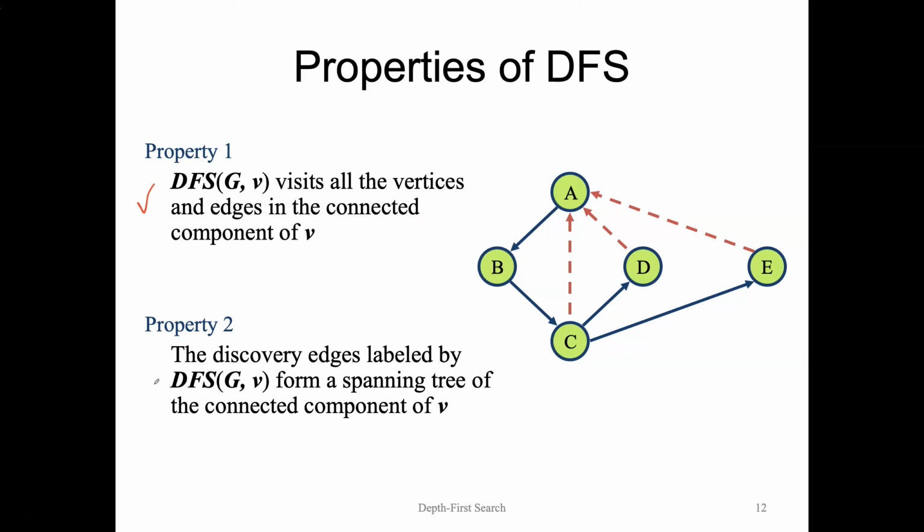So if we take only those discovery edges, so here are the discovery edges that we used in a DFS call on this graph, and nothing else, they induce a spanning tree of this connected component that our starting vertex belongs to. So as a result of DFS, we get a spanning tree for each connected component, which gives us a spanning forest of our original graph.